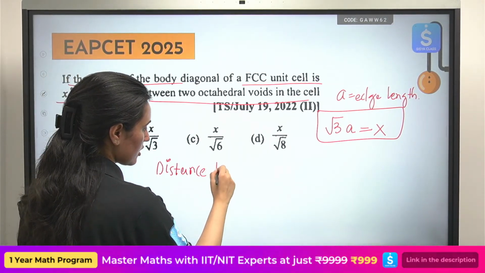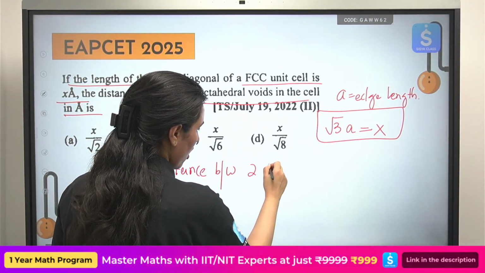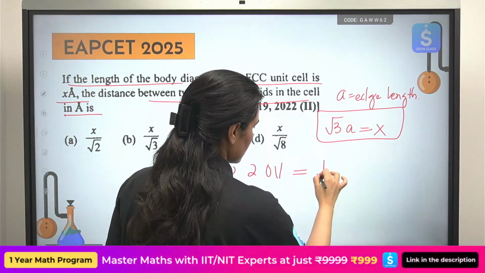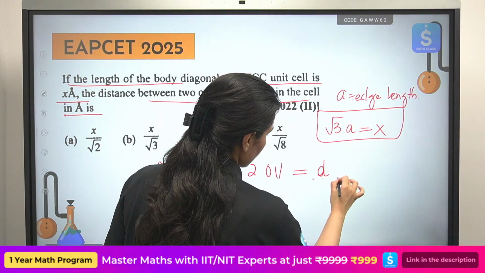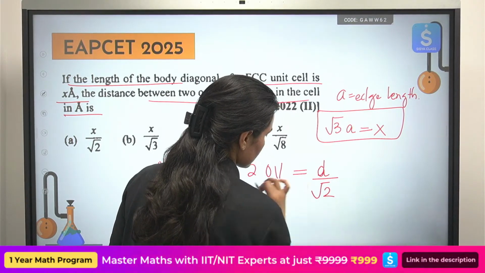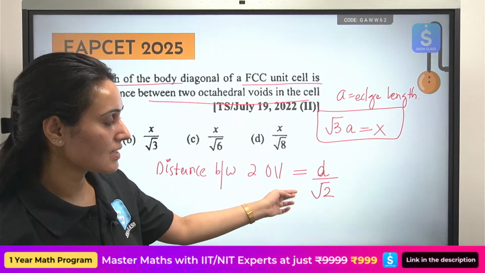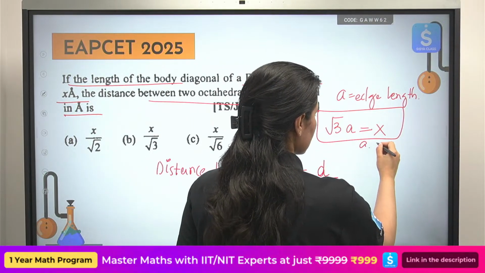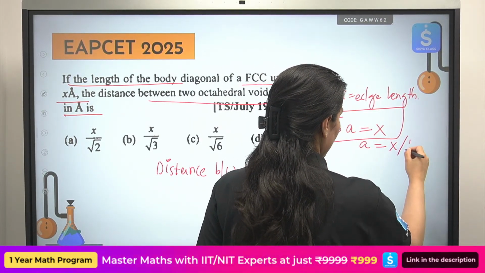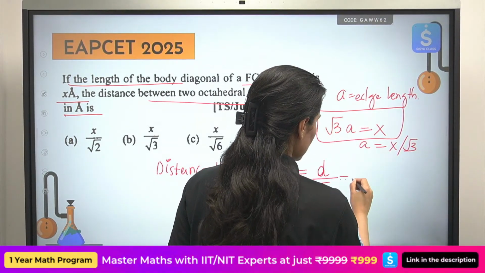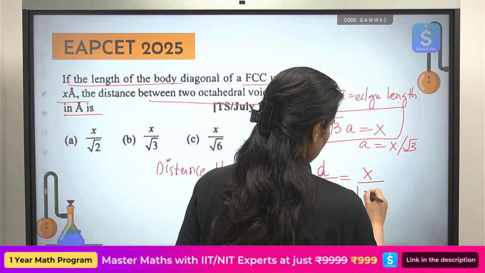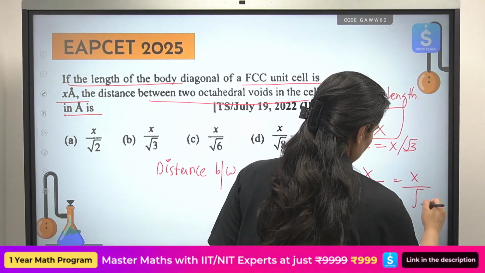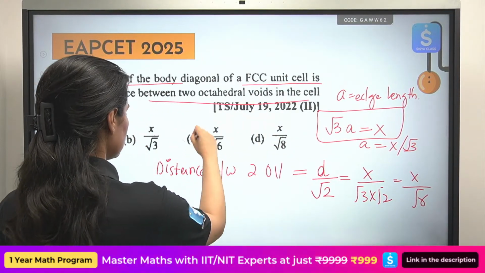Distance between two octahedral voids is a by √2. You have to answer this in terms of x. So value of a is x by √3. Substitute it. This is the answer. Option C.